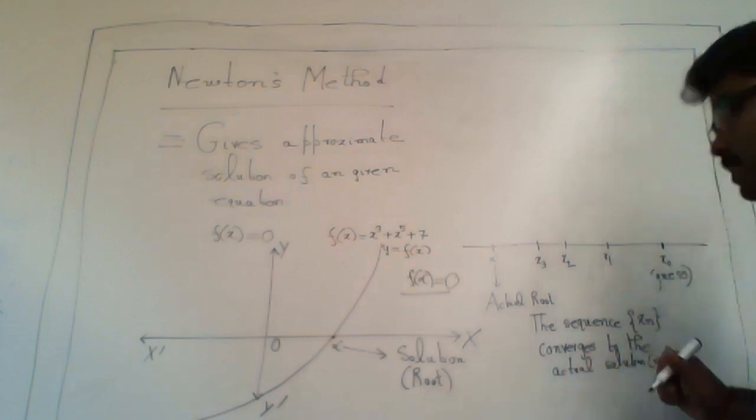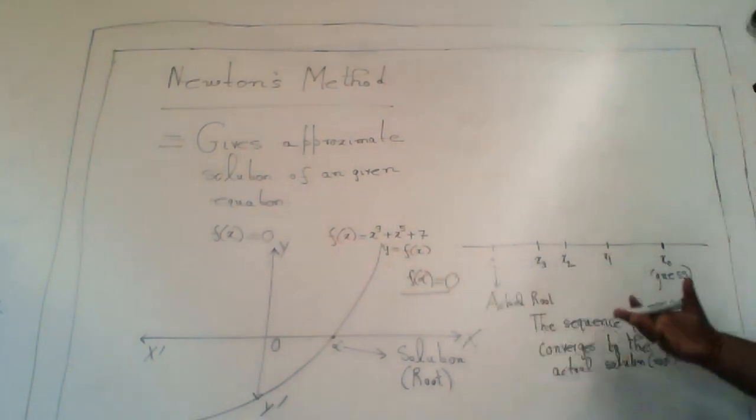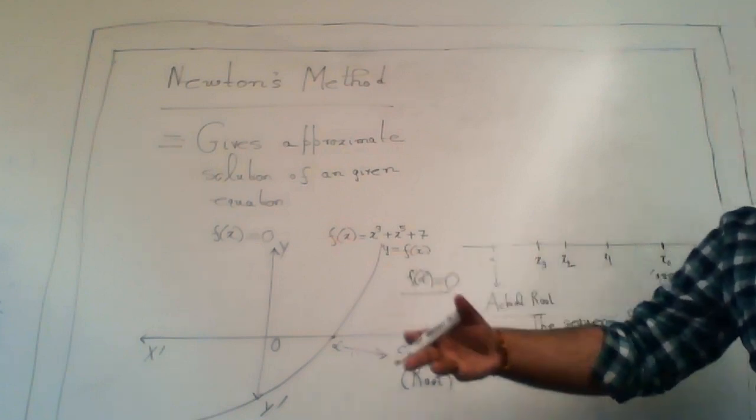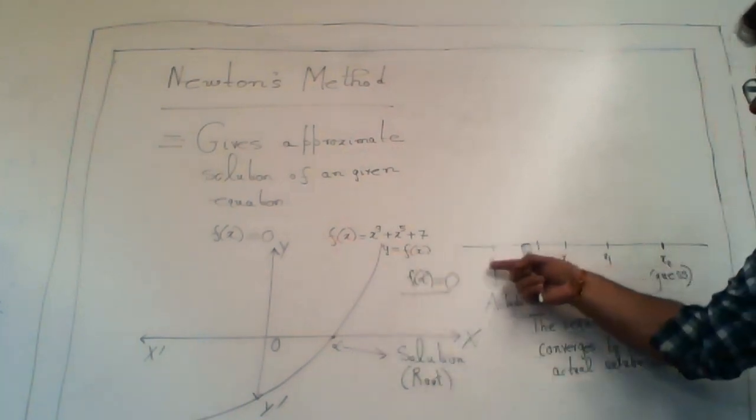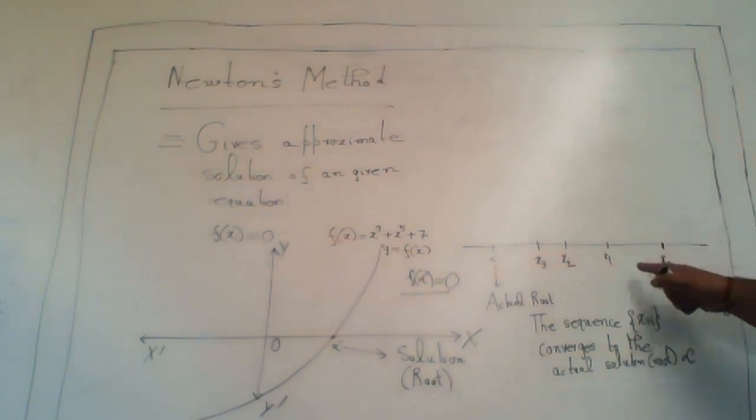When I say the sequence xn converges towards alpha, it means it goes nearer and nearer to alpha, or you can say that the limit of that sequence is alpha. Now, how do I generate these numbers x1, x2, x3? That's what we will study.